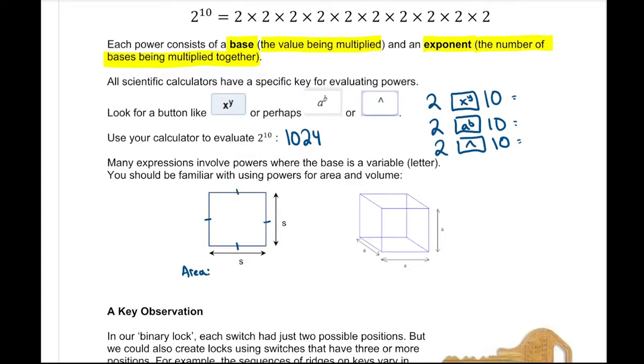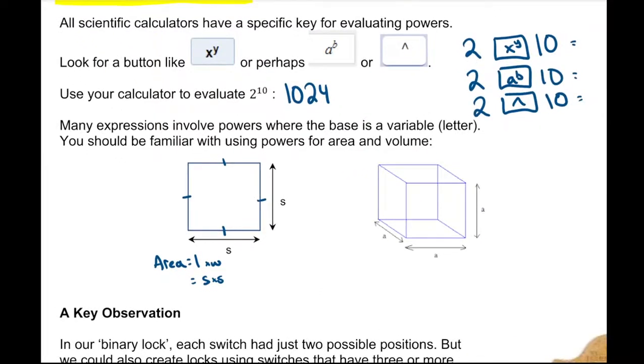So we could write area is length times width, but for a square we know that they're the same, so we could say side times side, but instead I could just write area equals side squared to represent side times side.